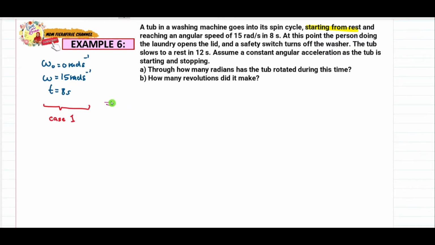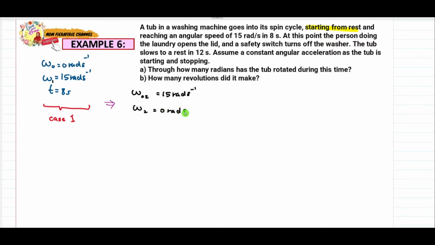So second case means that omega here, saya akan letak sini adalah omega 1 and this should be omega naught lah. So omega naught 2, second case, should be 15 radian per second. And then omega 2 should be 0.